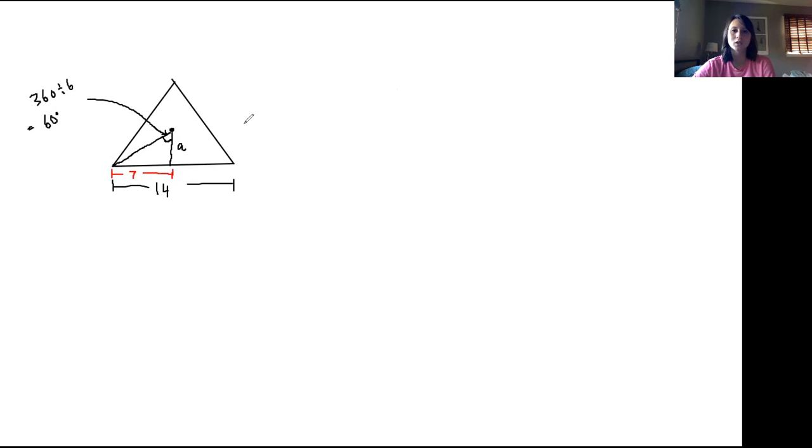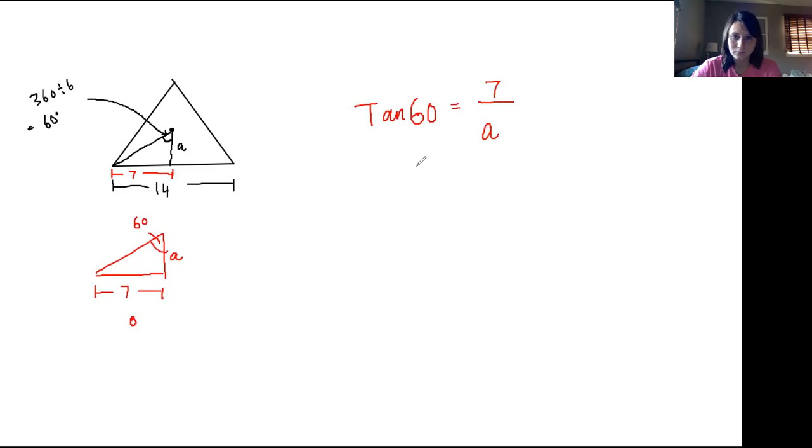So let's practice using a trig function to do this. So we have a right triangle where this is 7, this is 60, and we need to find the apothem. Opposite is here and adjacent is here, so that's going to be OA.